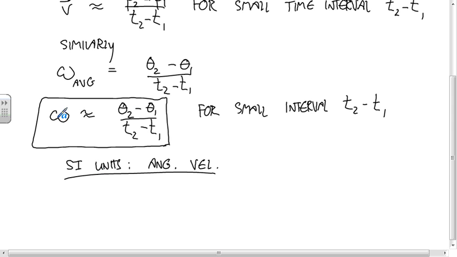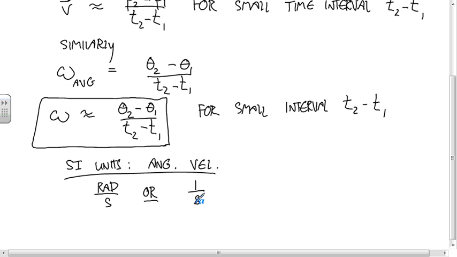So angular velocity has units of radians per second, or if you keep in mind that radians are really not a unit, you can also think of it as just 1 over seconds. And so the angular velocity tells you how quickly the angular position is changing.